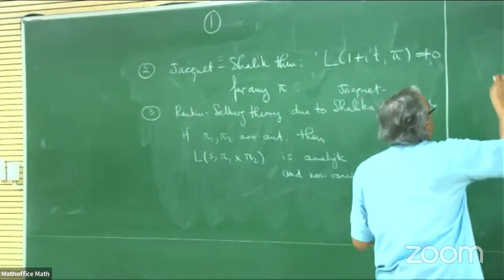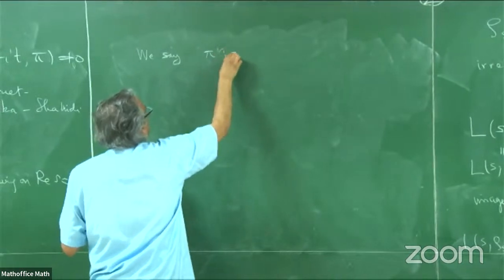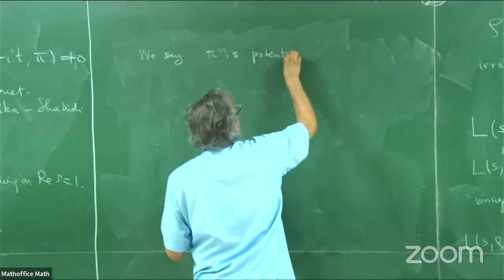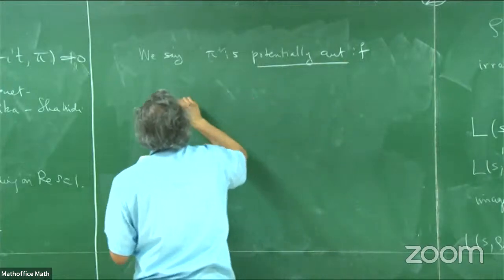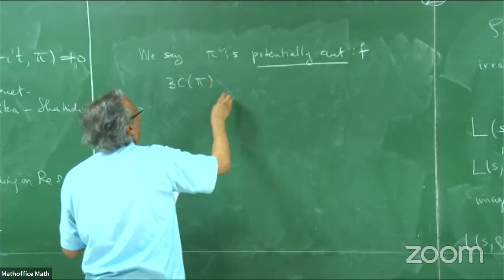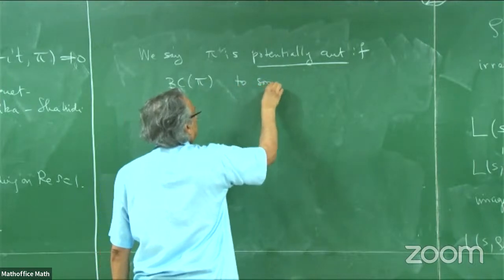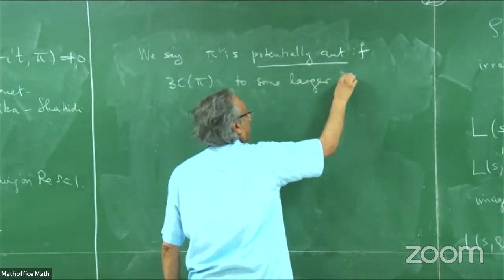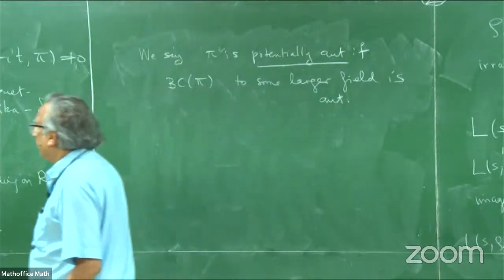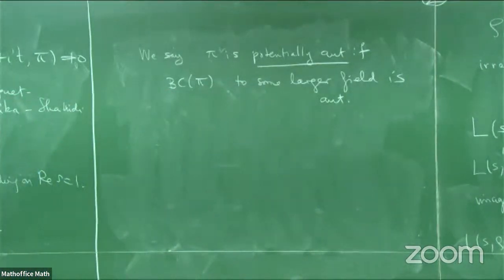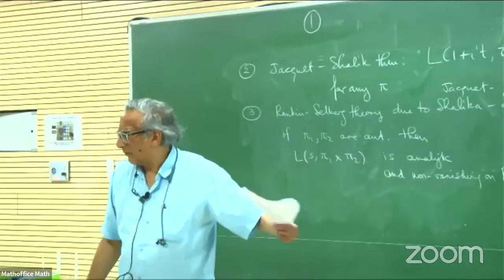So we say pi is potentially automorphic if the base change of pi to some larger field is automorphic. So now you see we don't need that full strength of automorphy. Again, we're weakening the thing by moving to a larger field, and maybe we can get away with it for the purpose of the equidistribution theorem.